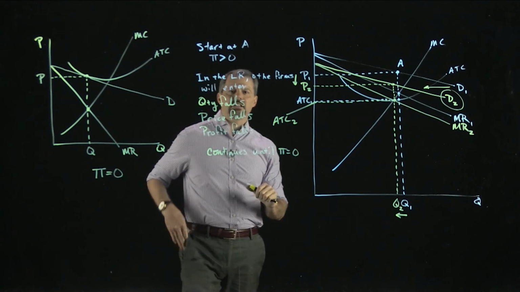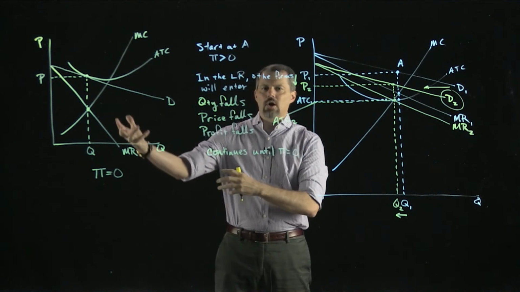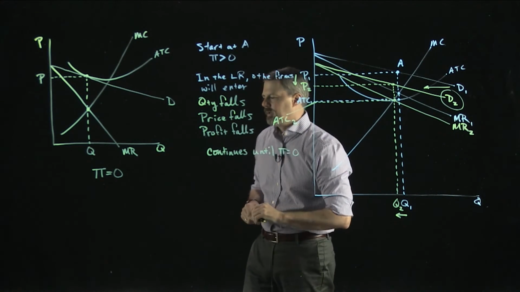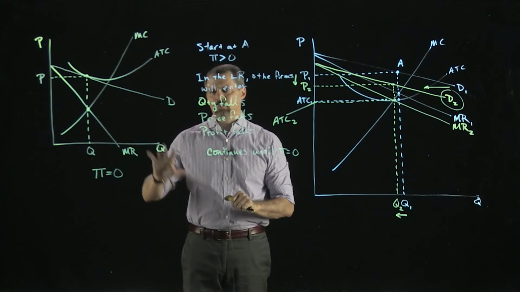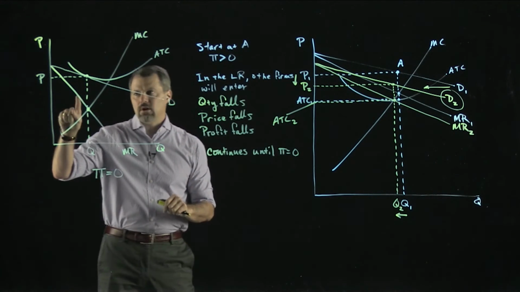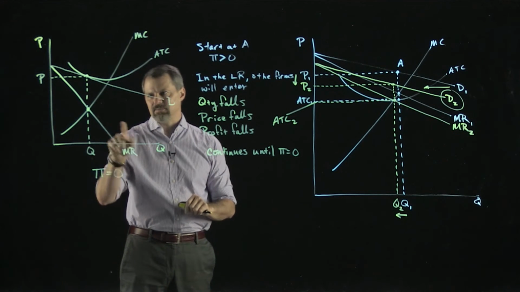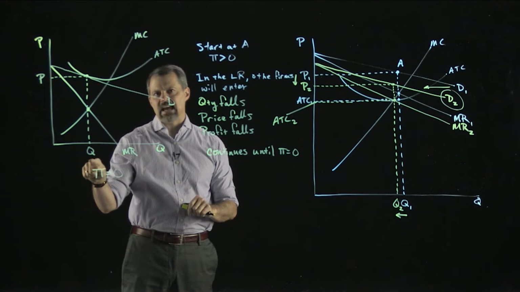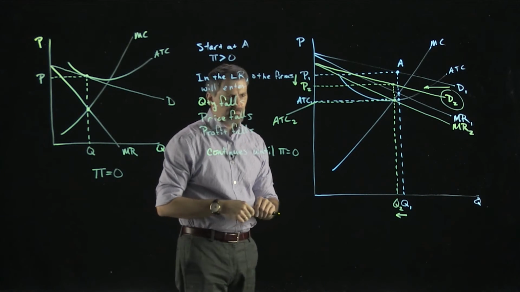Now, in a class, a lot of times I will ask the class to draw a picture of what a monopolistically competitive firm looks like when it's earning zero profit. That's the way you draw it. The key is to draw your marginal revenue curve last, because you need to make sure marginal revenue and marginal cost intersect at the correct quantity.